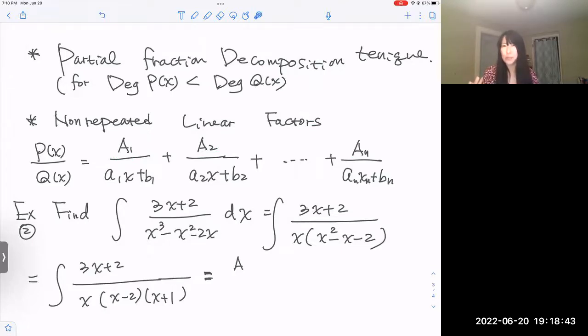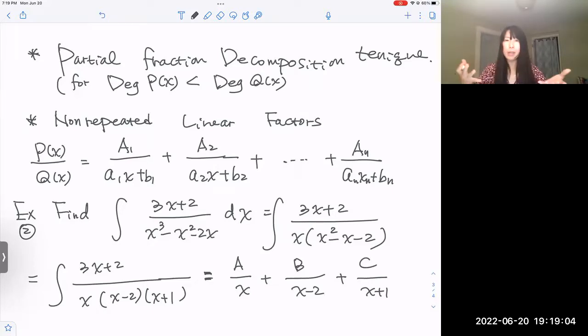It's a little bit confusing, right? So we're gonna do A, B, C, all right? So A over x plus B over x minus 2 plus C over x plus 1. Can you see that? We have a linear in the denominator. We're gonna say constant, which is A, B, C.